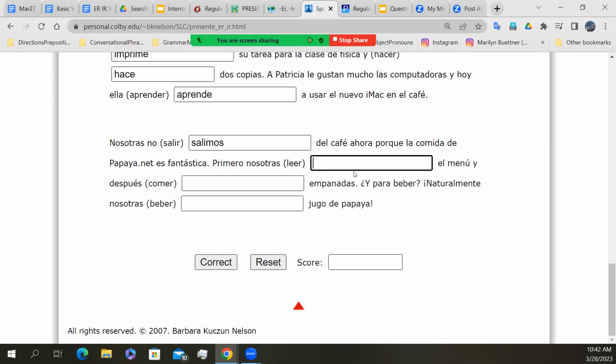Primero nosotras, first we read the menu. Primero nosotras leemos. Leemos, and that sounded perfect. We dragged the S sound out a little longer. Primero nosotras leemos el menú y después, and later, después means later, y después and later we eat.